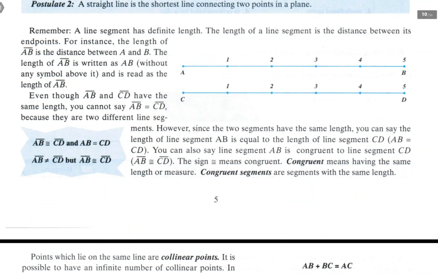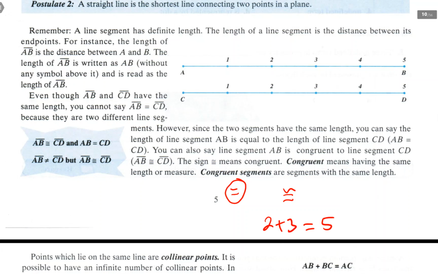The other thing that's important here on page 5 is to know the difference between equals and congruent. Equals means that two things are the same thing, that they're not different objects, they're the same object. You usually use equals to talk about numerical quantities, like 2 plus 3 is exactly the same as 5.